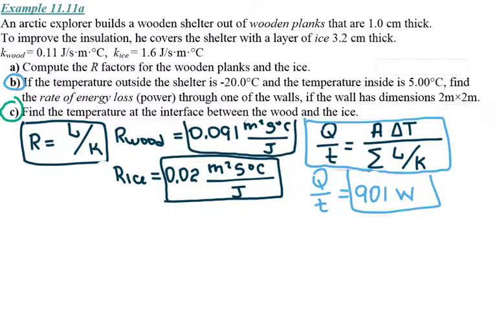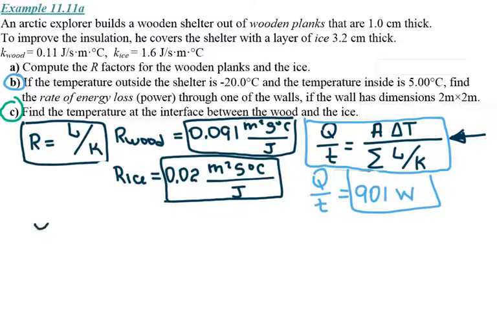I cleared the board a little bit, and so now I have to find the temperature at the interface between the wood and the ice. And I'm gonna use this equation, applying it for the wood only. So I will get the heat flow, the one that I just found.